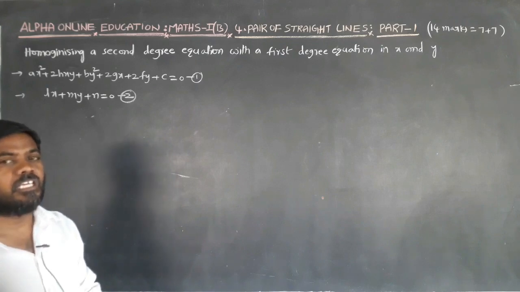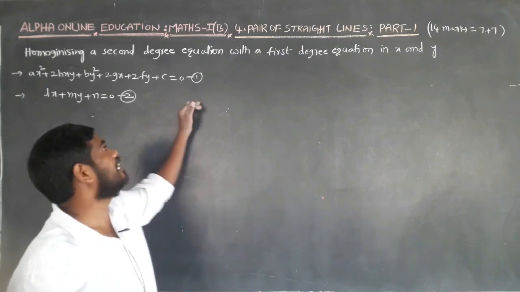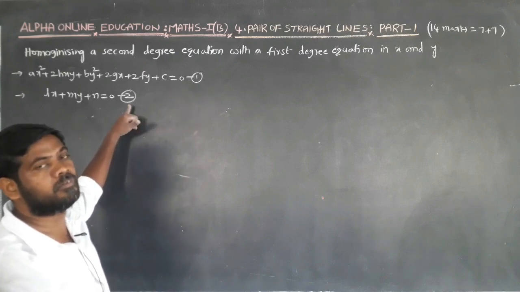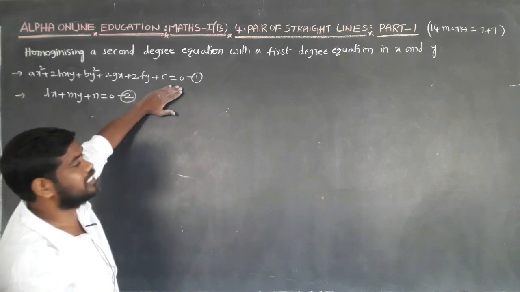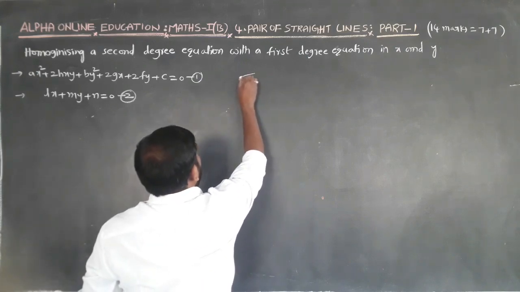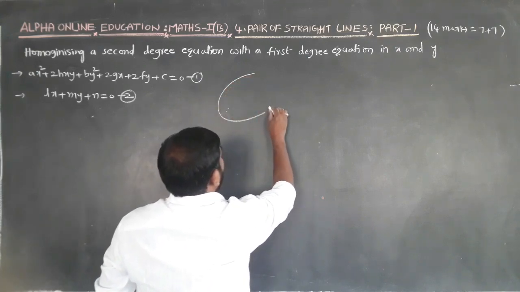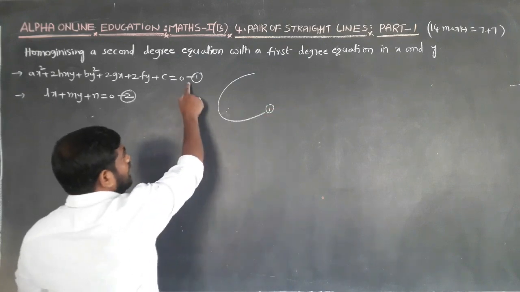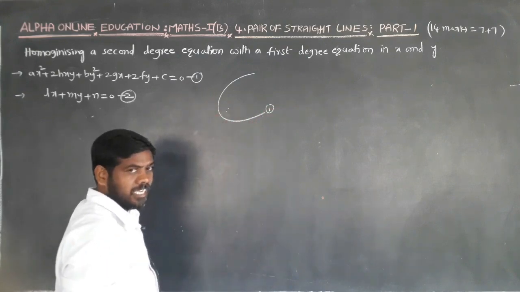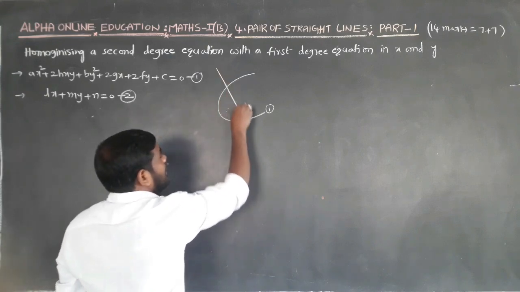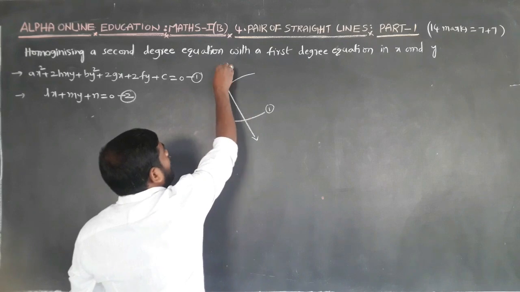Here we homogenize equation 1 with the help of equation 2. The second degree equation is a curve, and the first degree equation is a straight line.